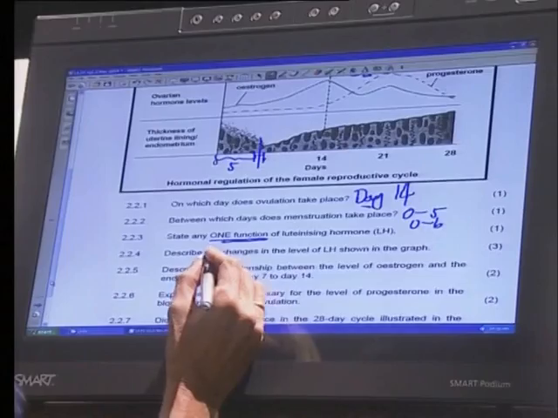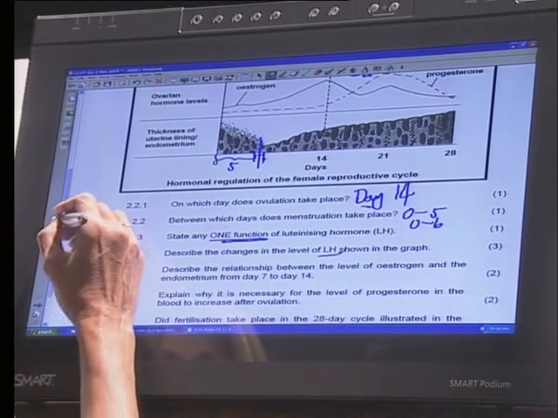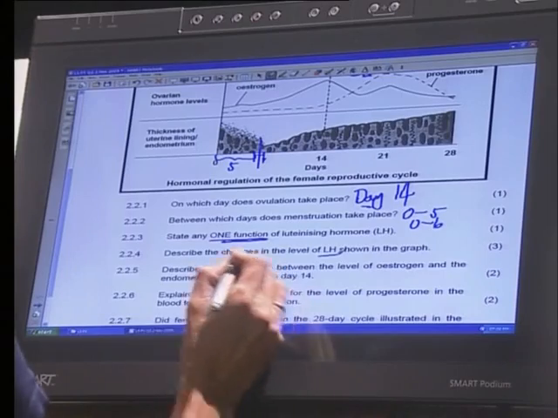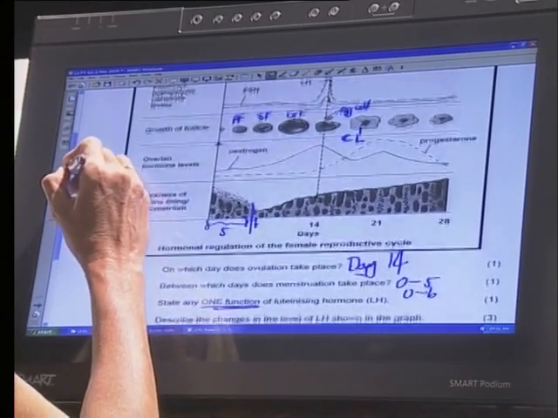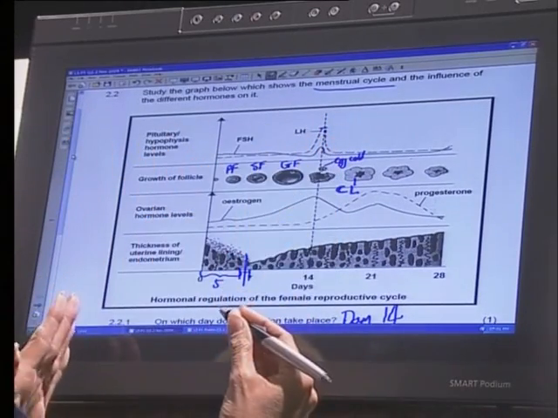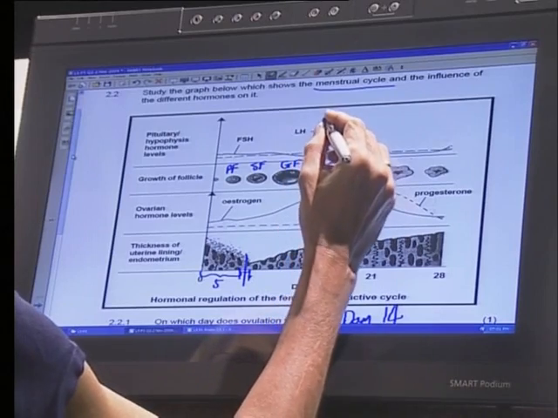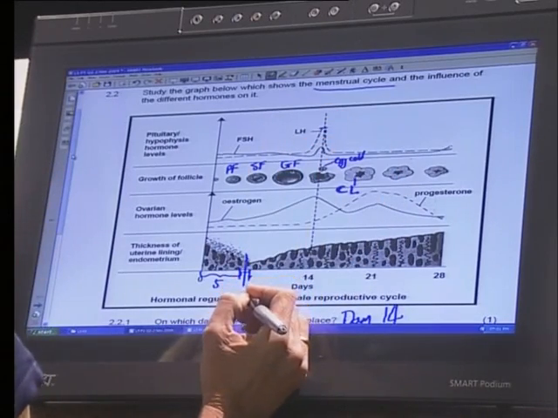All right? Okay. Describe the changes in the level of luteinizing hormone shown in the graph. Now, all they want is the changes in the level of luteinizing hormone. There's still nothing you need to learn here. You've just got to be able to read the graph. So we look at the luteinizing hormone. Now, describe. What do you see here?